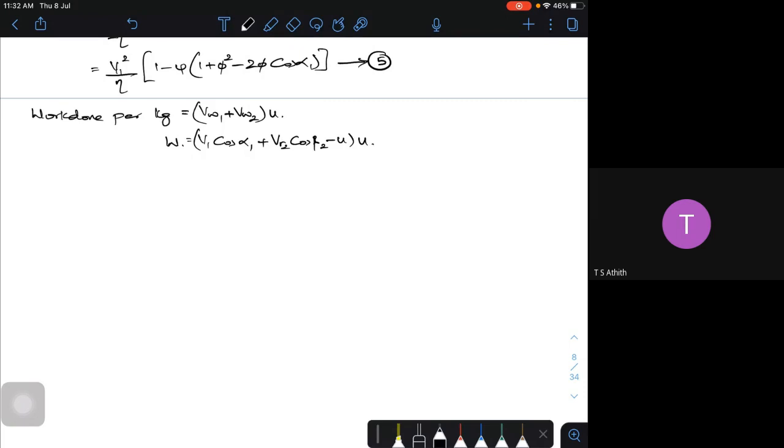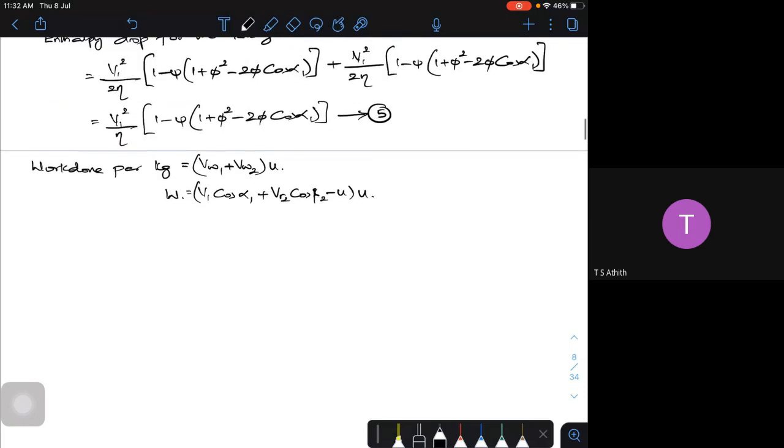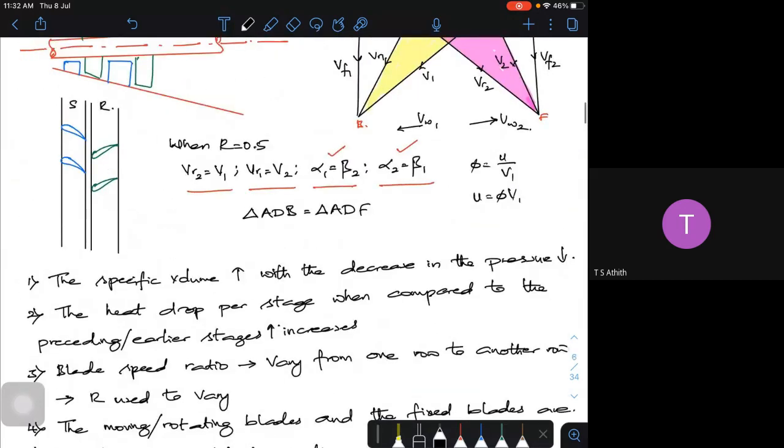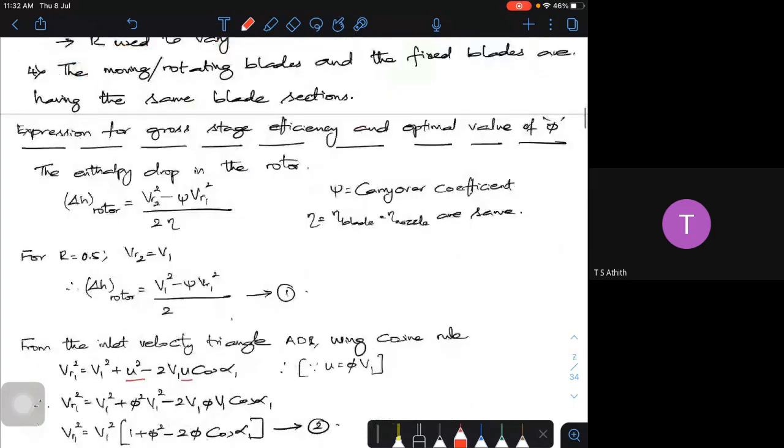And one more thing here, if you go back and see, your V1 is equal to VR2 and beta 2 is equal to alpha 1. See, if you go back and see here, your V1 is equal to VR2, alpha 1 is equal to beta 2. This condition, because of our r is equal to 0.5, we'll write that.